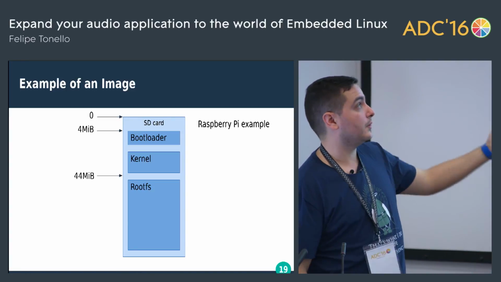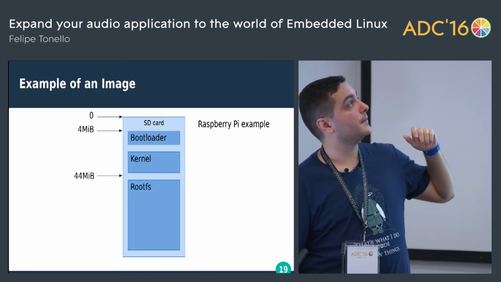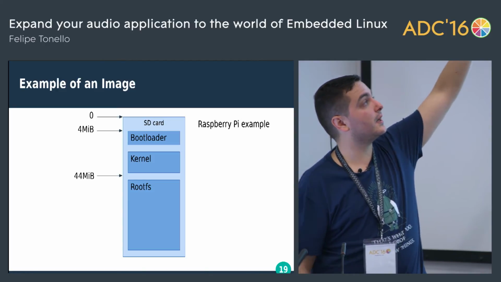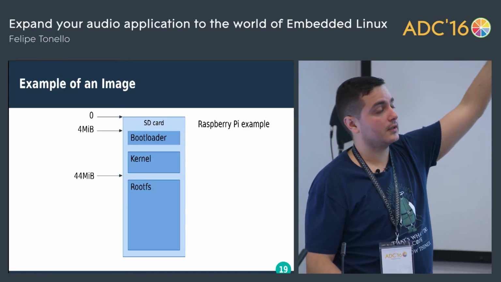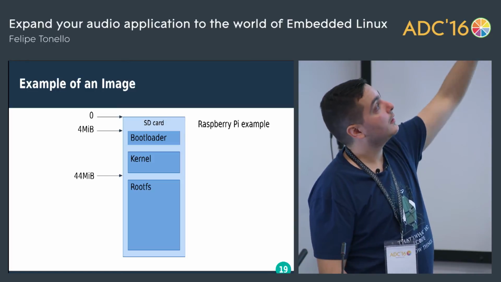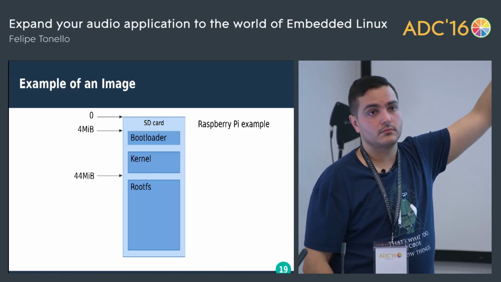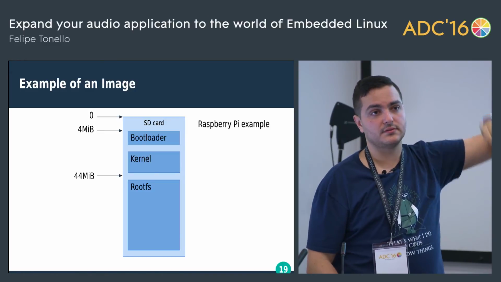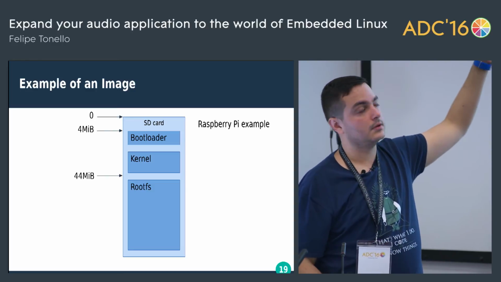And this is one example of an image, right? The Raspberry Pi example, on an SD card, because you use an SD card to boot. What happens is that the bootloader from the Pi, which is flashed in the Pi itself, is a proprietary bootloader.